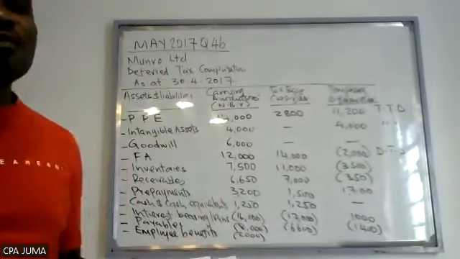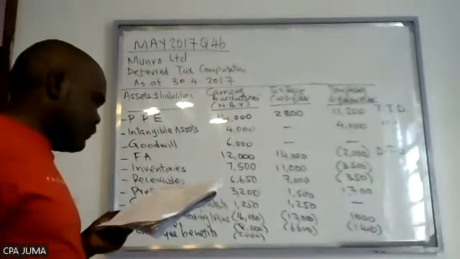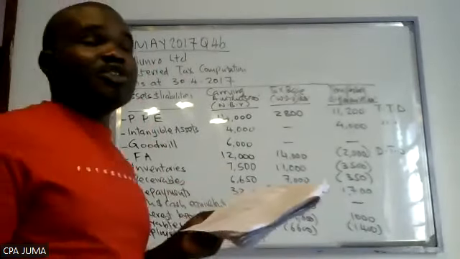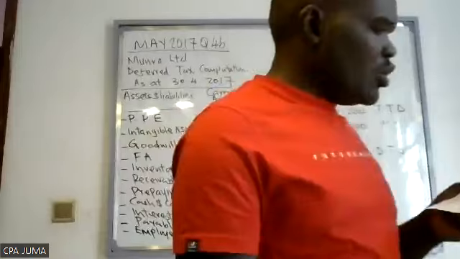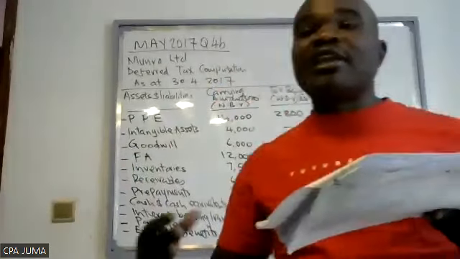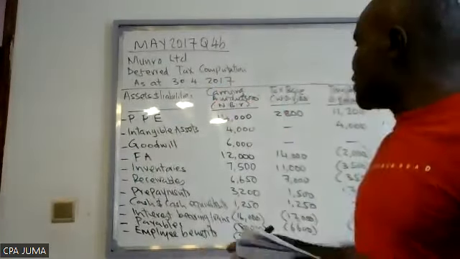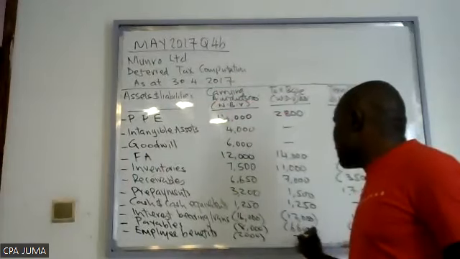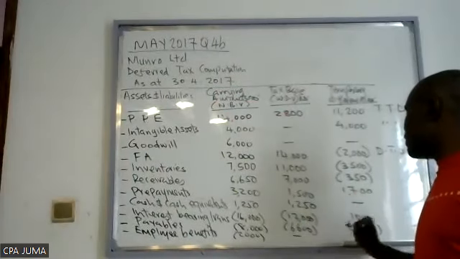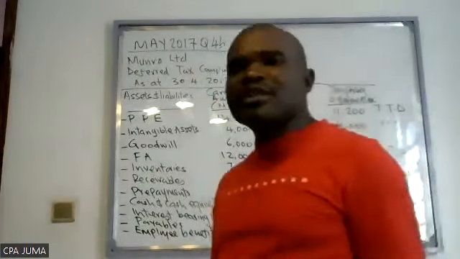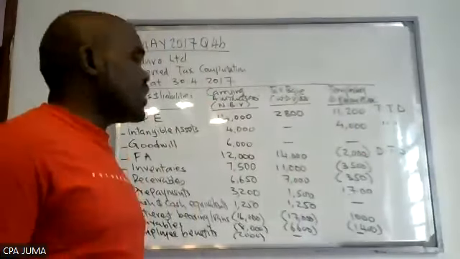Your attention is being drawn to note number 4. Goodwill and employee benefits are tax exempt. When exempt, the tax base is 0 and even the temporary difference is 0. Tax exempt means it has nothing to do with tax at all.